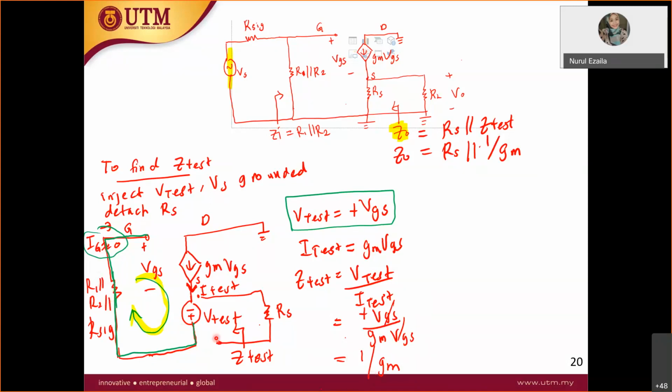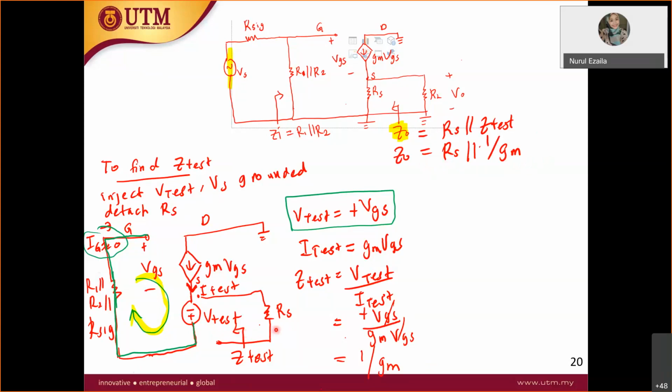If you don't want to draw and derive, you can straight away write that Z test is equal to 1 over GM, and calculate RS parallel with 1 over GM. Only if the question asks you to derive for Z test do you have to derive. But for the rest, for the AV and everything, you need to derive.